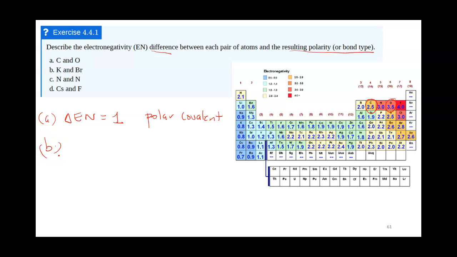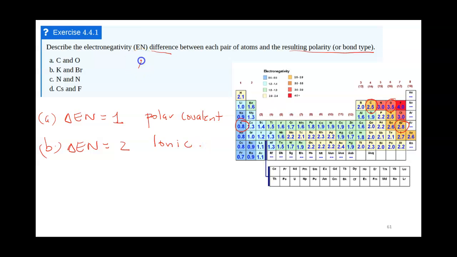Now we're going to look at the difference in electronegativity between potassium and bromine. So 2.8 and 0.8, that gives a difference in electronegativity of 2. So as 2 is bigger than 1.8, we're going to say that this is an ionic bond.